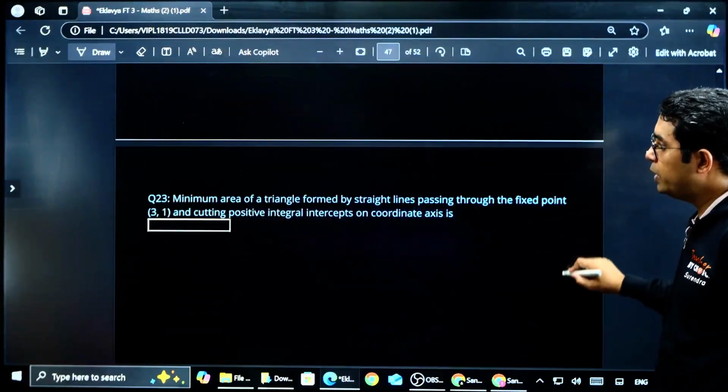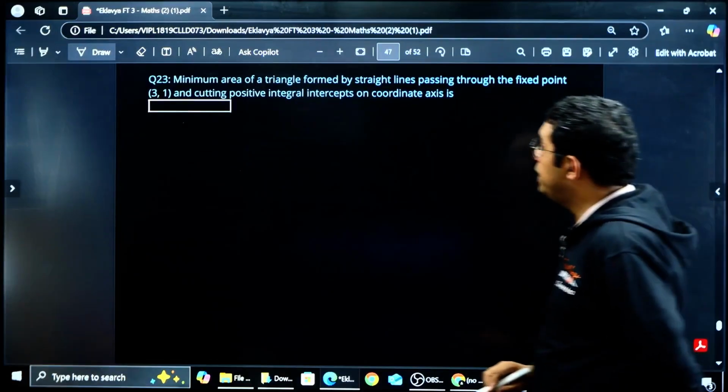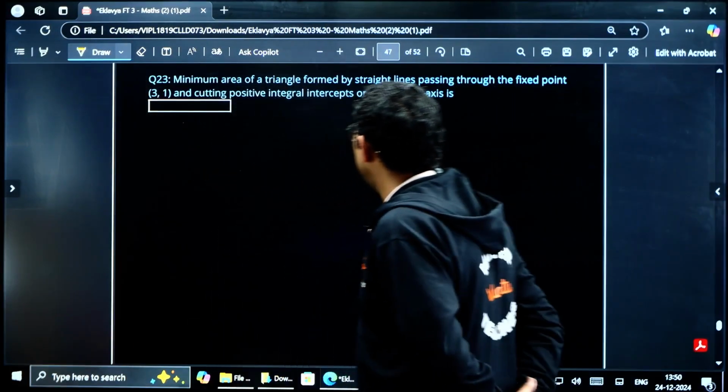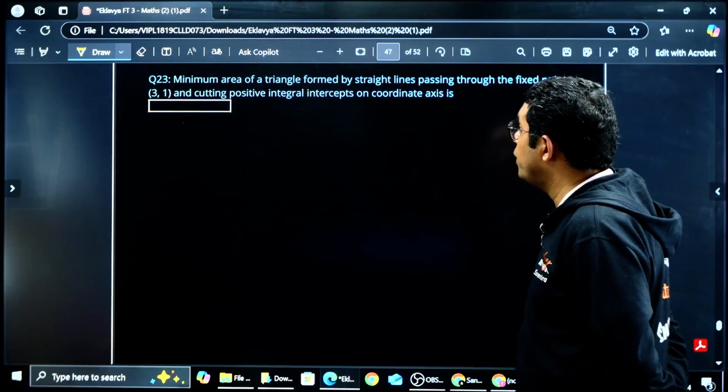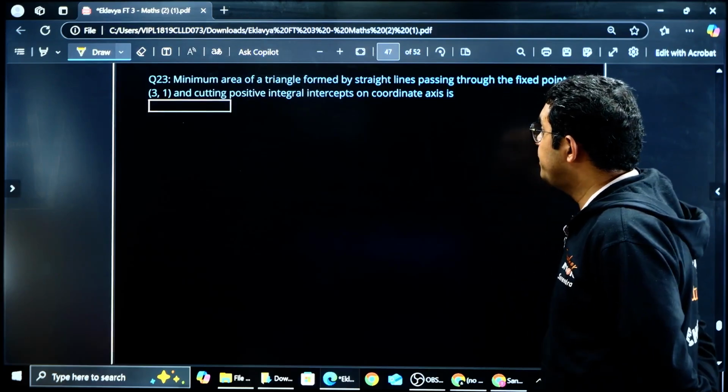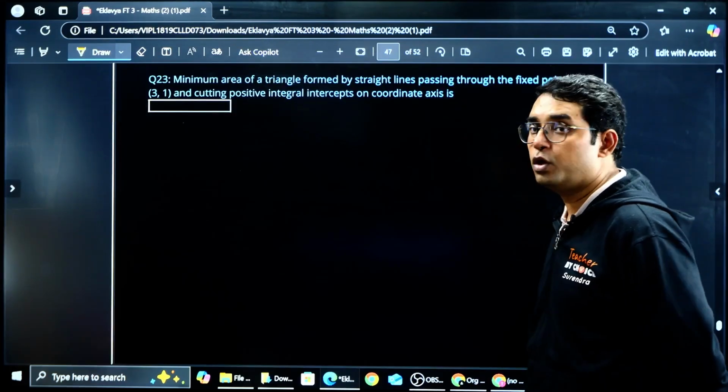Now coming to question number 23, here we are given minimum area of triangle formed by straight lines passing through a fixed point 3, 1 and cutting positive integral intercepts on coordinate axis.